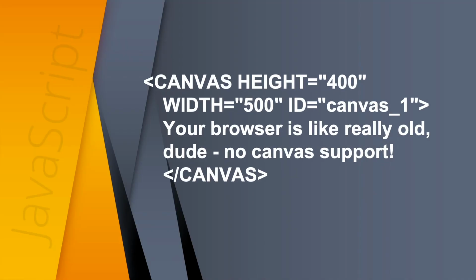For browsers that don't support the Canvas tag, we can add some text between the two tags. We have canvas height equals 400 and width 500, ID canvas1, and "your browser is likely really old, no Canvas support," and the closing Canvas tag.